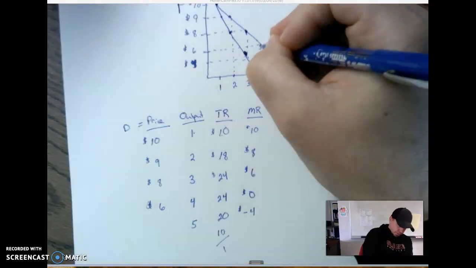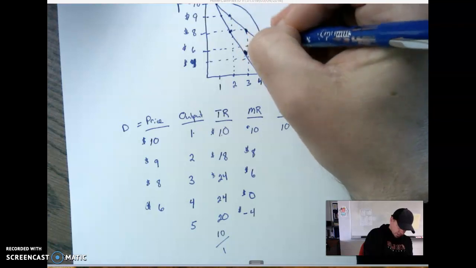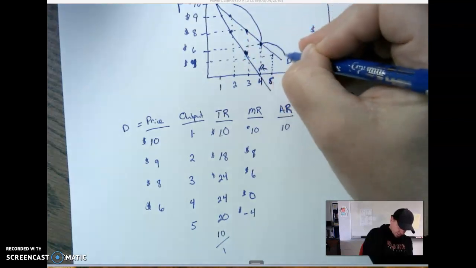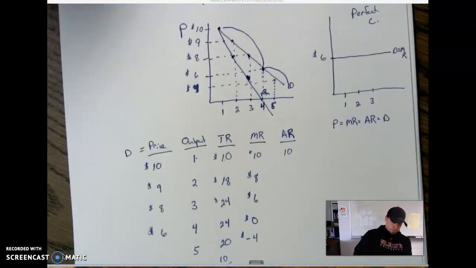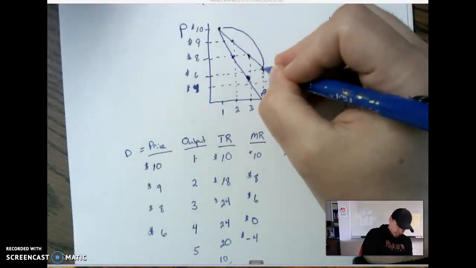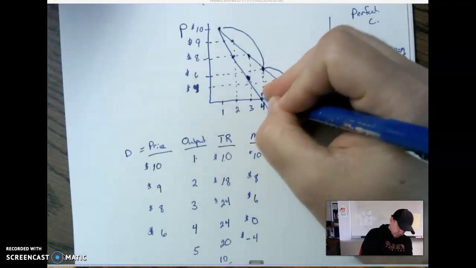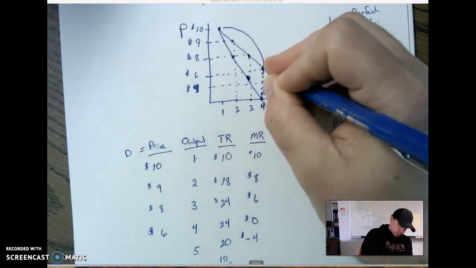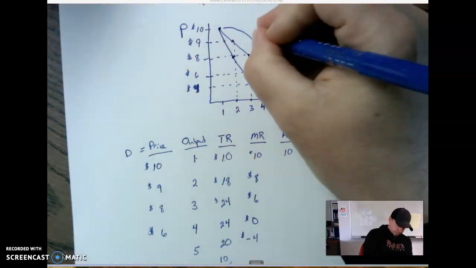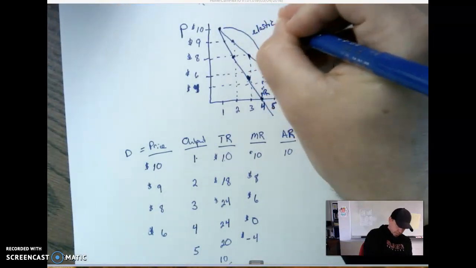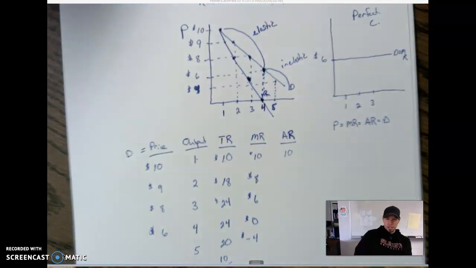And this is important because what this does is separate our demand curve into 2 parts. This is the point where marginal revenue equals 0, and this is where our demand curve is separated into 2, the midpoint.